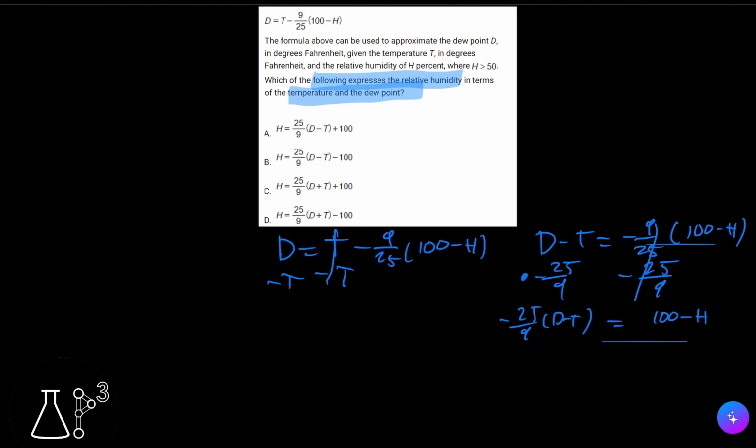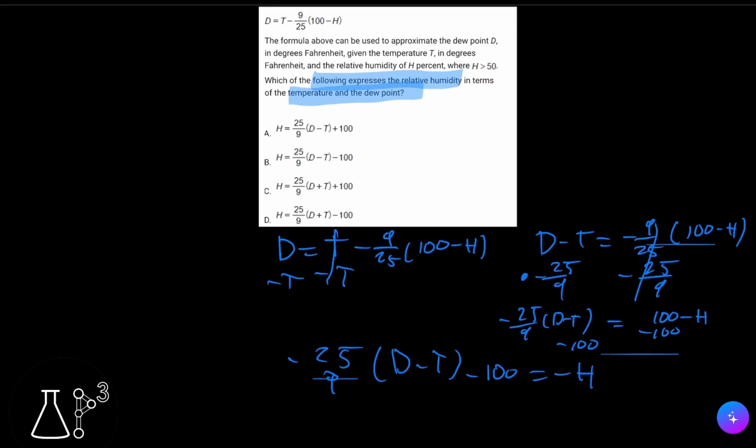So if I subtract 100, I get, let me write over here, negative 25 divided by 9, parentheses D minus T, minus 100, which equals negative H.